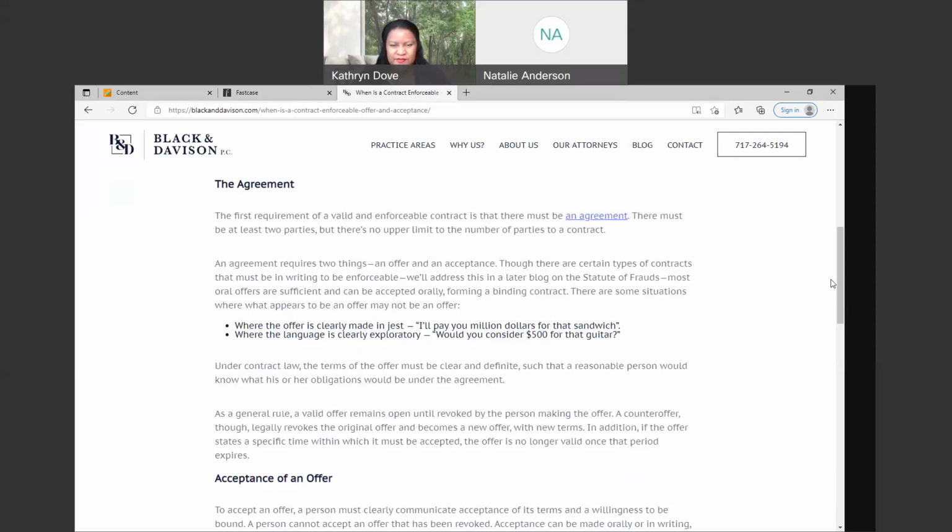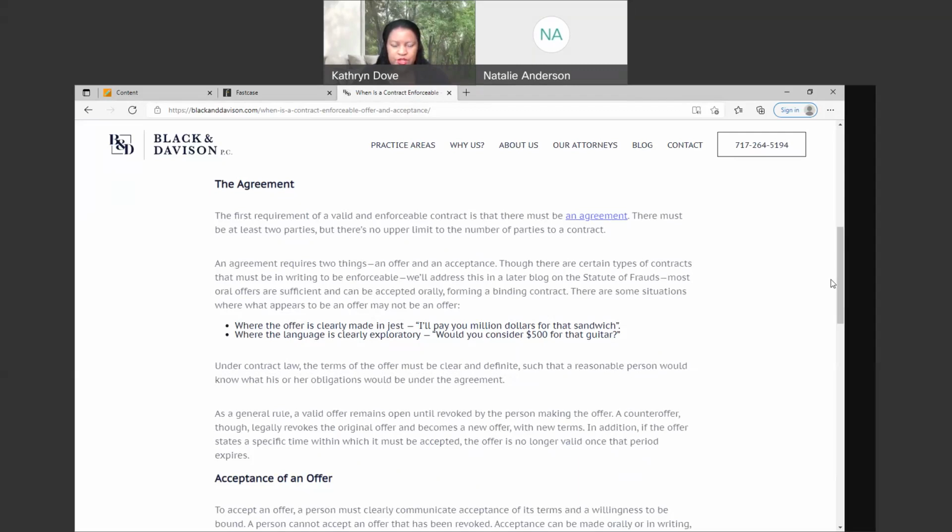Okay, good. Here's an example where the language is clearly exploratory. Would you consider $500 for that guitar? Does that sound like an offer? Yes, but guitars are pretty expensive, so I feel like it would be underselling. Yep.